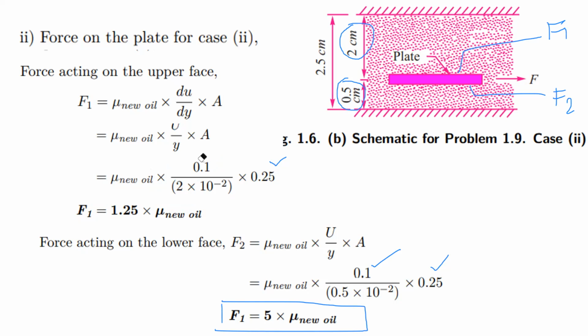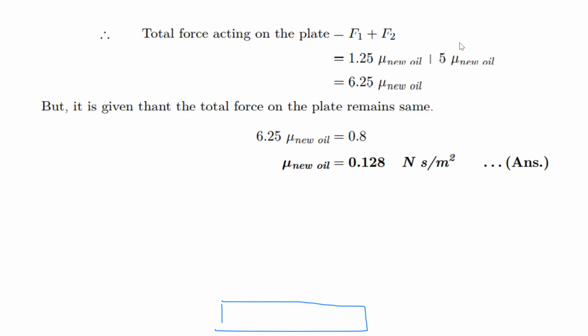So using these F1 and F2 values, there are two equations and two unknowns. So when there are two equations and two unknowns, you can calculate the unknowns. Okay. Now you see that. So total force acting on the plate is F1 plus F2.